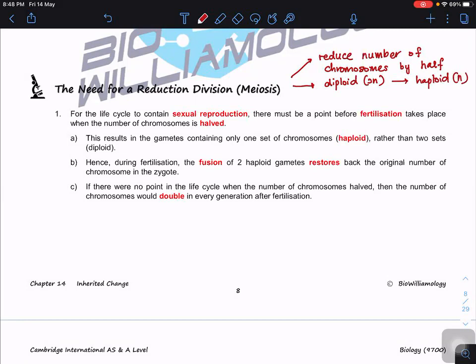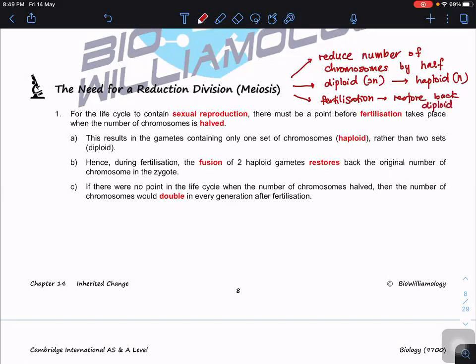So we want to reduce the number of chromosomes by half and make diploid cells form haploid cells through this meiosis process. Why do we want to do this? So that during fertilization we are able to restore back the original diploid number.